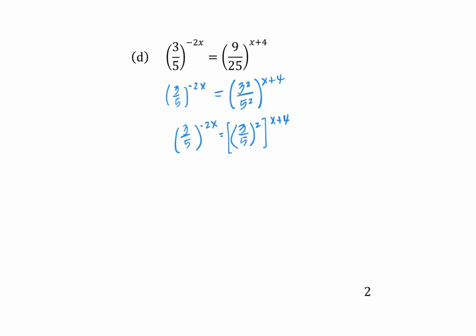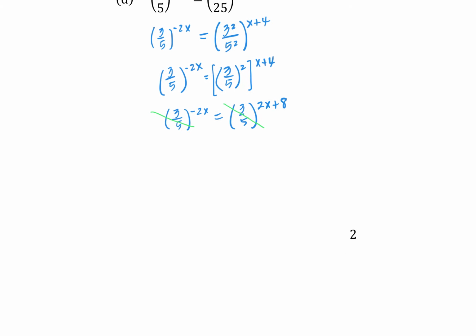On the right, if I multiply the exponent 2 times x plus 4, then I could get rid of that bracket, and this becomes 3 over 5. 2 times x plus 4 would give me 2x plus 8. Now I can cancel because I have same base.